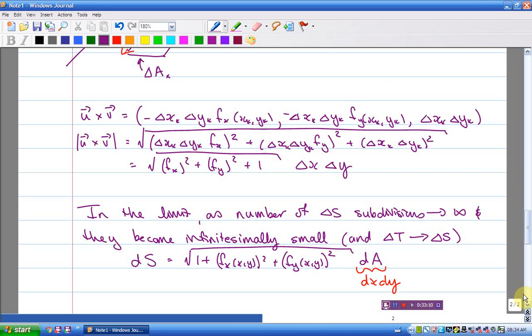So if we're projecting onto xy, then we're differentiating with respect to x and y, which means z has to be the subject, so that we can differentiate z with respect to x and with respect to y. If we were projecting onto the xz plane, we would differentiate with respect to x and z, which means y needs to be made the subject. If we project onto the yz plane, then we differentiate with respect to y and z, which means we need to make x the subject.